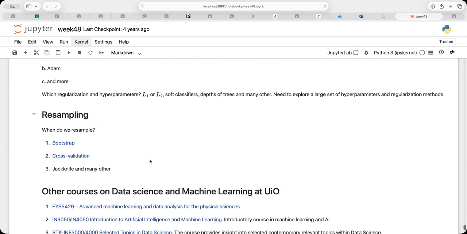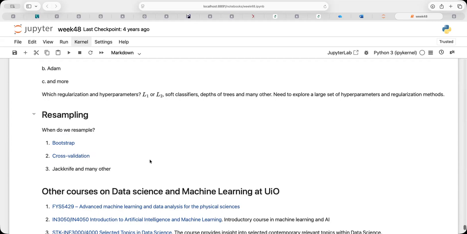So these are all elements which we have been discussing this semester, which enter the pipeline when you are developing a model to fit some data. And at the end, it's you who has to decide which type of algorithm, which type of method, which type of architecture is the best one.